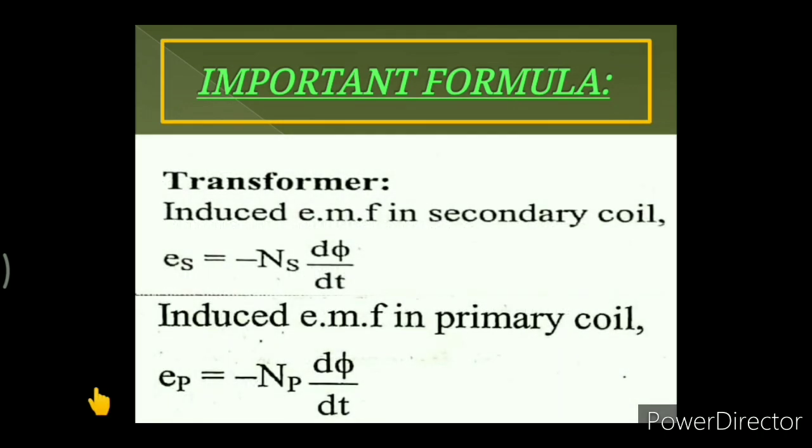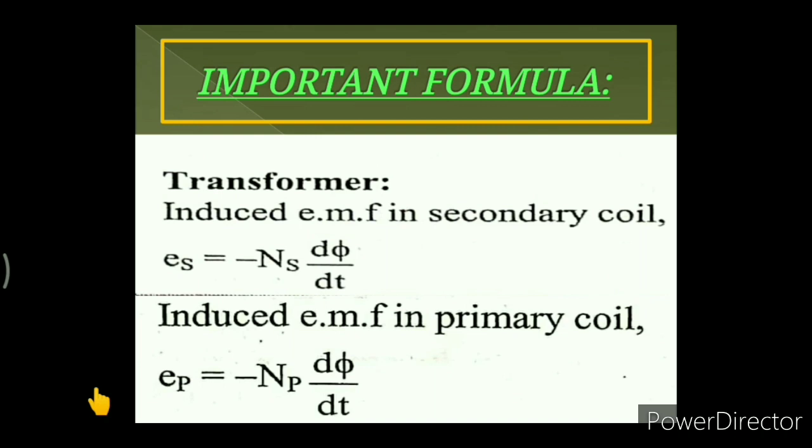After that, we had seen the transformer, which is an electrical device that converts low alternating voltage at high current to high alternating voltage at low current and vice versa. And it is based on the principle of mutual induction, that is, whenever the magnetic flux linked with the coil changes, an EMF is induced in the neighboring coil.